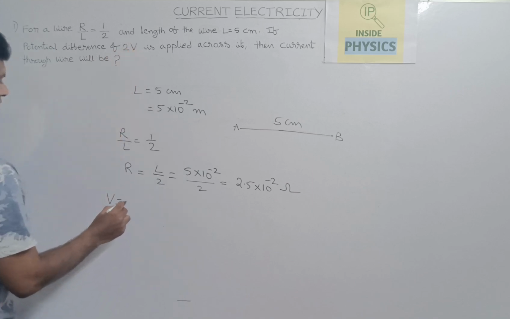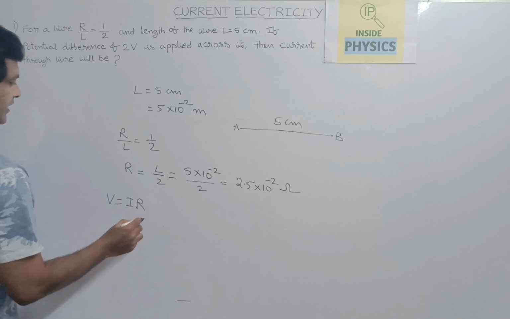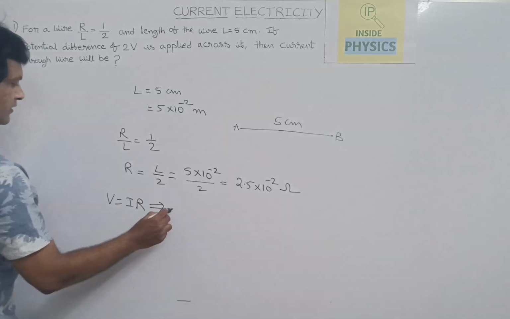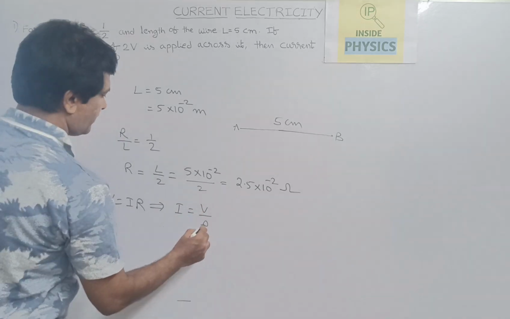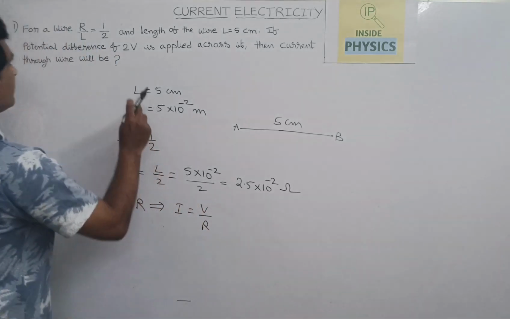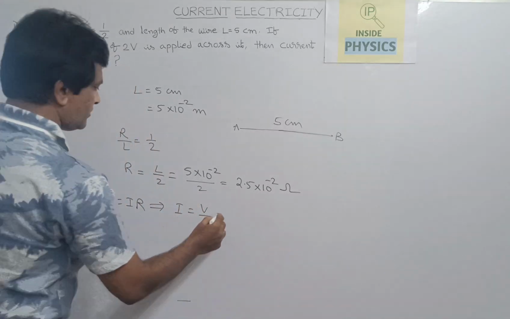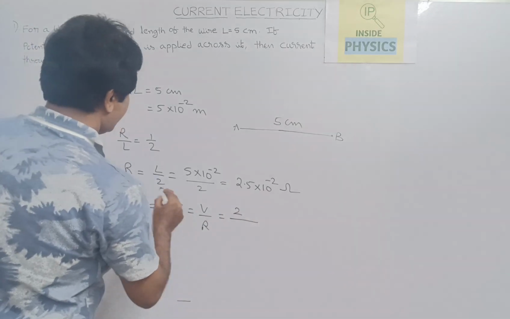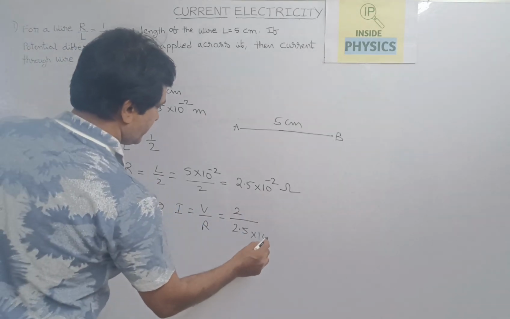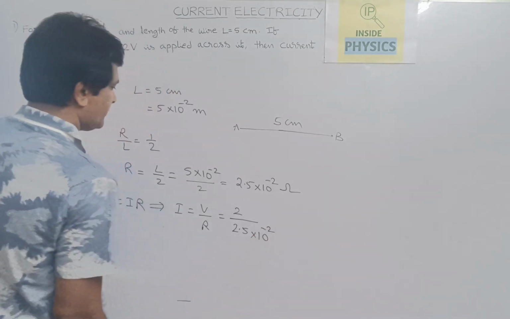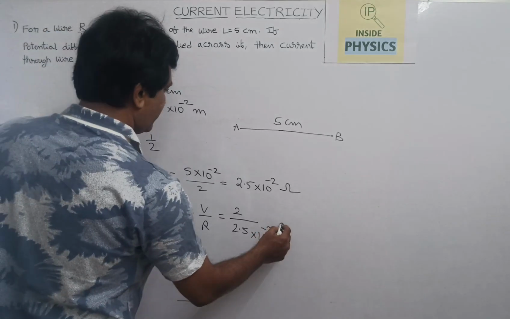So according to Ohm's law, V is equal to IR. That implies I is equal to V by R. So V is already given as 2 volts, 2 by the resistance calculated, 2.5 into 10 to the power of minus 2. So this will be in amperes.